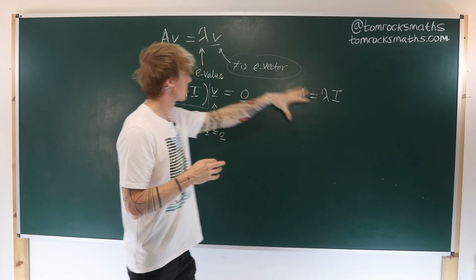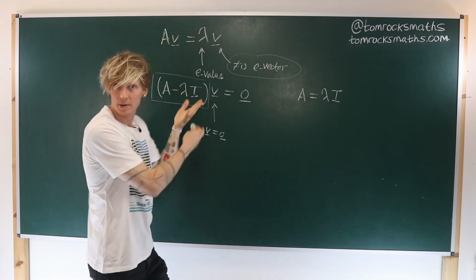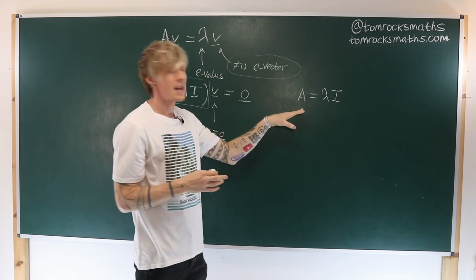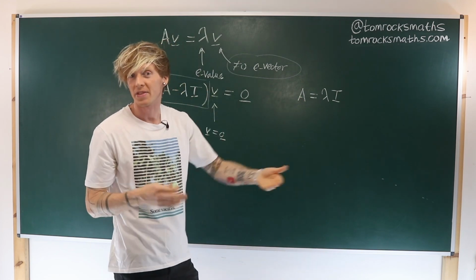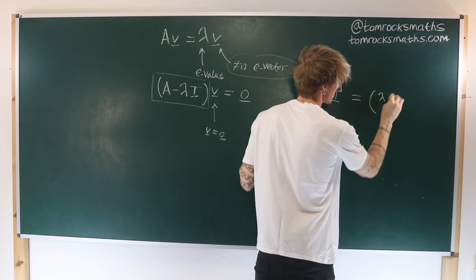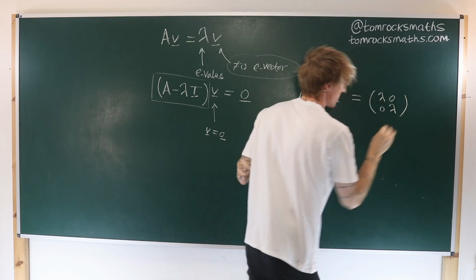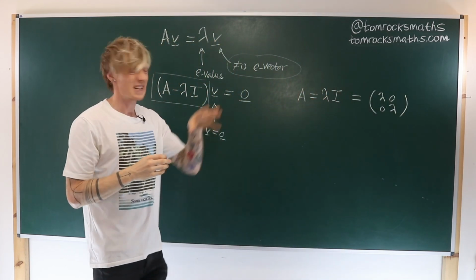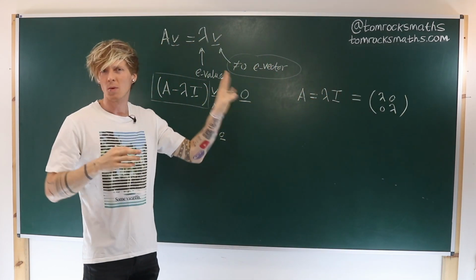Because this says the only way this can be satisfied following this method is if A is actually just a multiple of the identity. So it would just look like, for a 2 by 2 case, something like this. Very boring, and again, not really what we're interested in.